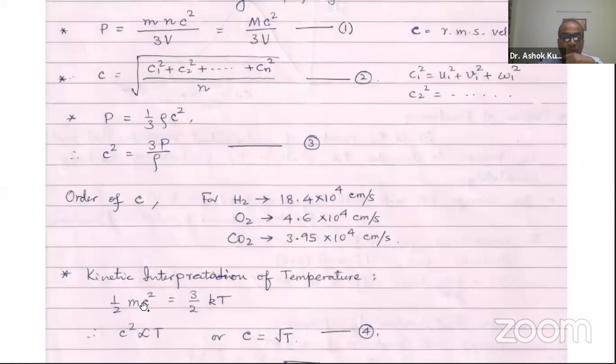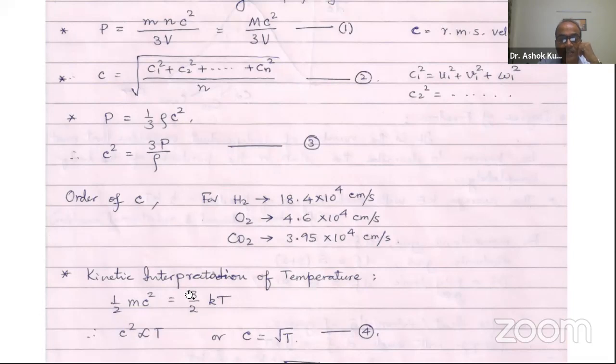Because we know that the kinetic energy, here you see we have a unique thing, half m c square. This is a parameter, this is kinetic energy, but in this kinetic energy, m is the mass of the molecule and c is the RMS value of the molecule. This is a microscopic description. You don't know the velocity of one molecule, and that too the RMS velocity.